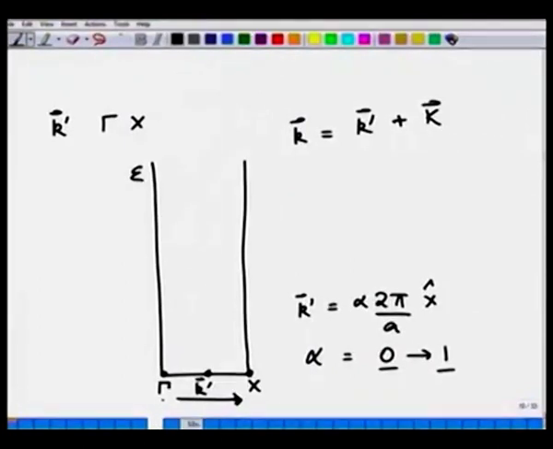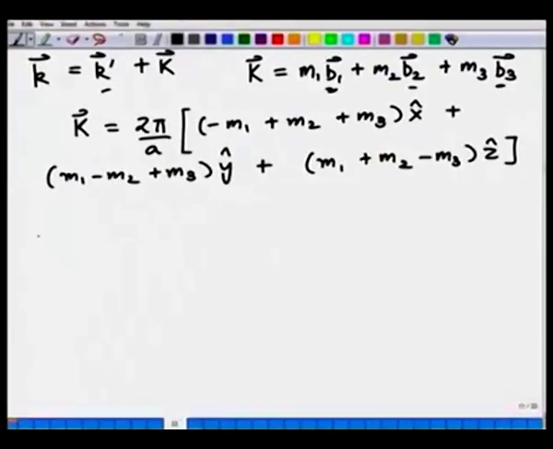Alright, if I do so, then alpha takes a value from 0 to 1. So if I substitute that k prime in there, then k simply becomes equal to 2 pi by a. I am going to take this k which I have just written out and substitute that right in here, and I calculate k.